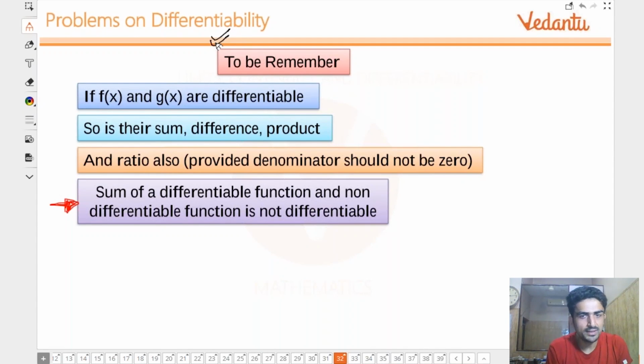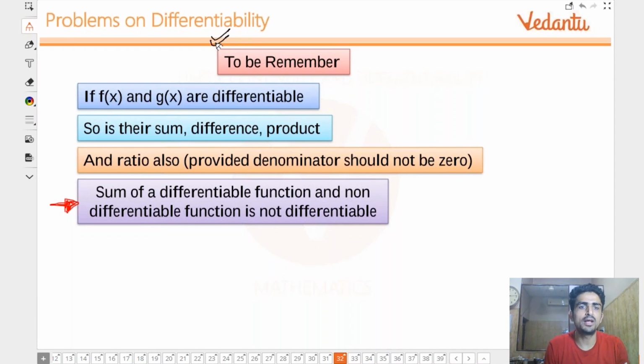A bad thing when added with a good thing makes it bad. Good and good will obviously give you a good thing. Bad and bad can give you anything. But bad and good, when added, will always give you a bad thing.